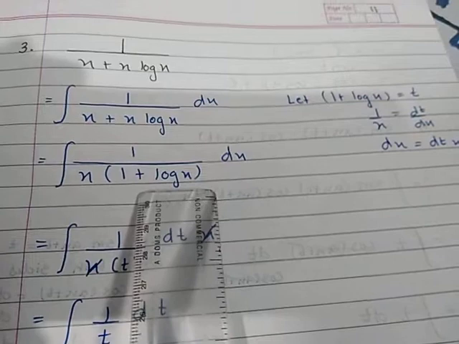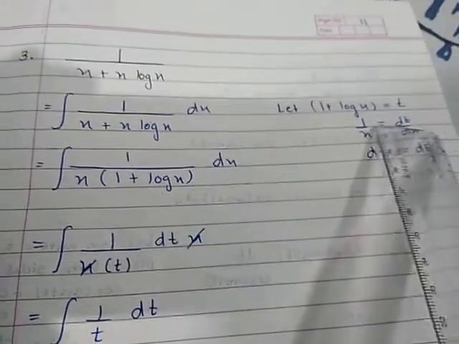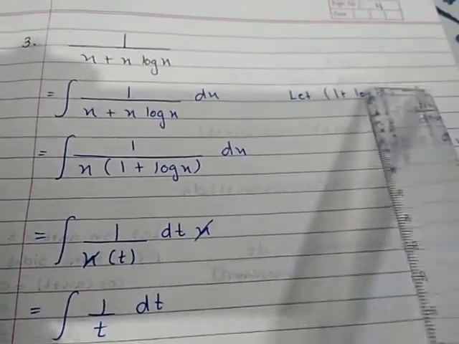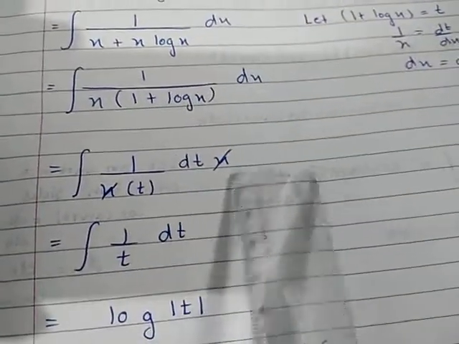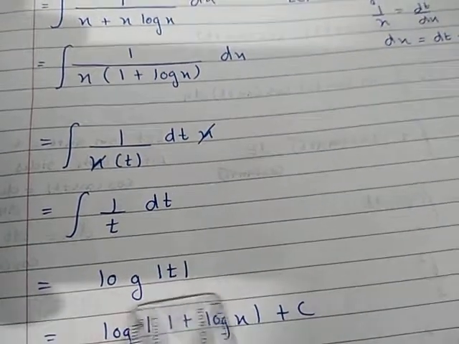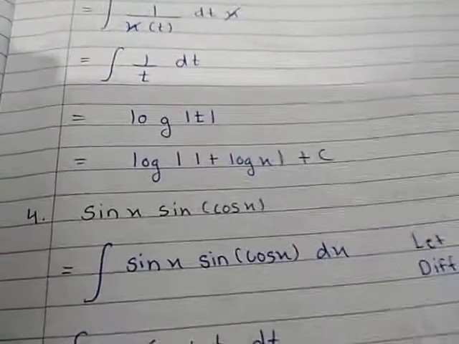Therefore 1 plus log x can be substituted, and it is substituted by t. 1 by x dx is dt, so dx is x dt. Replace here 1 by t dt, log t. In place of t, we have to put log of mod 1 plus log x plus c.